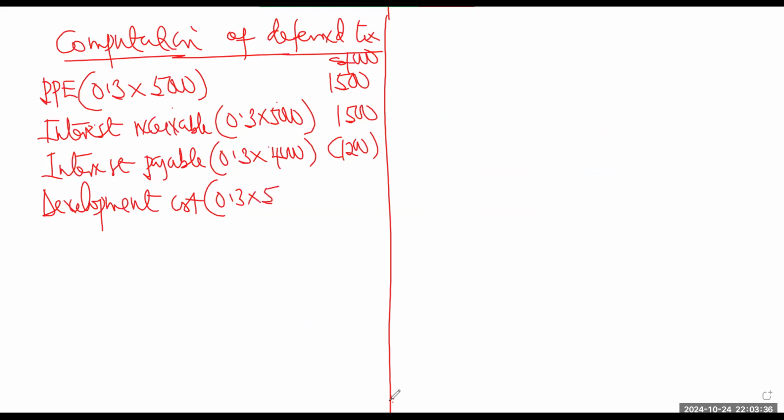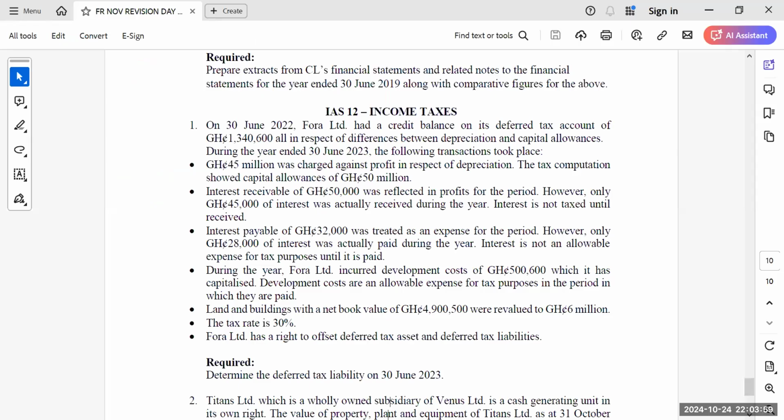So that will be 500,600. Sometimes they will give you this figure and you have to amortize and get a remaining figure. So 0.3 multiplied by 500,600. What are we having? 150,180. Okay, that will be a liability.